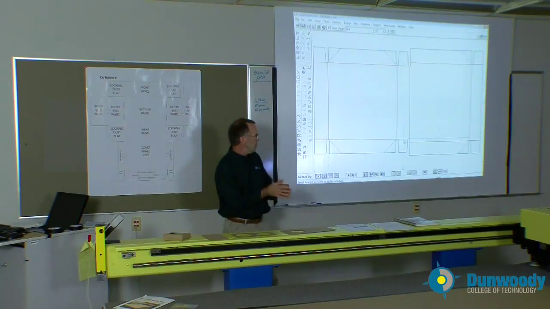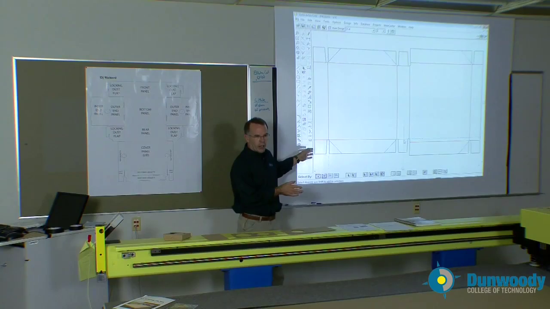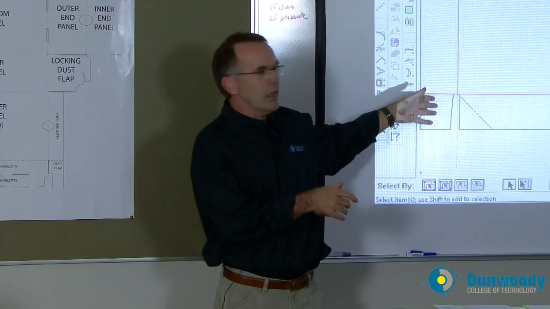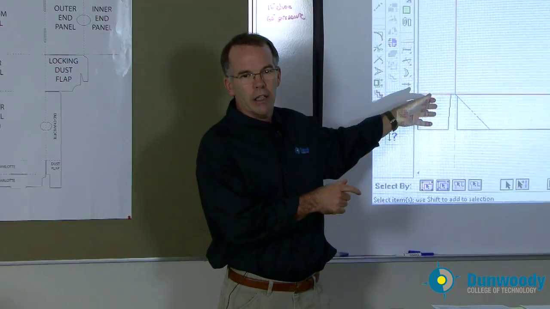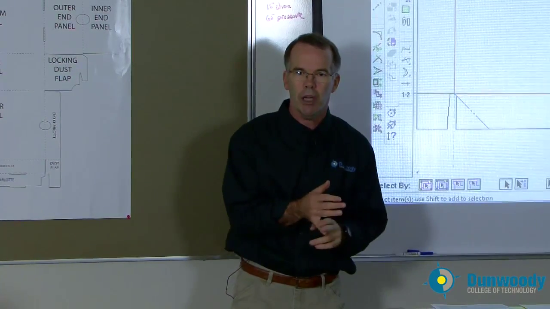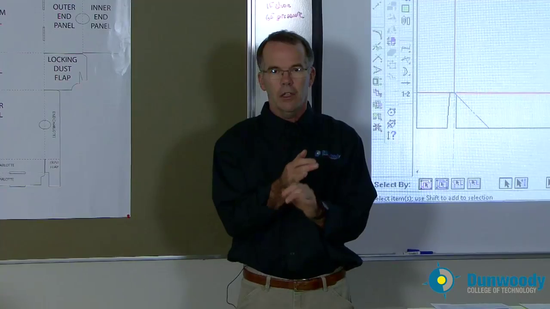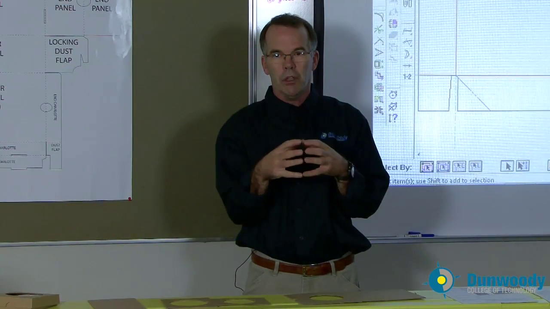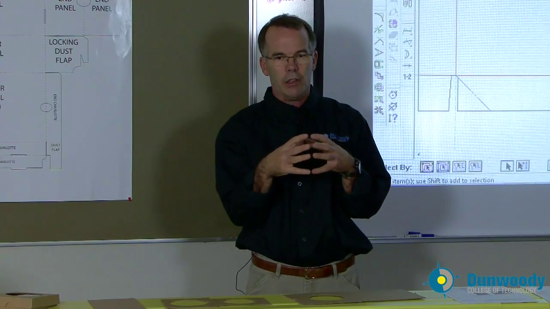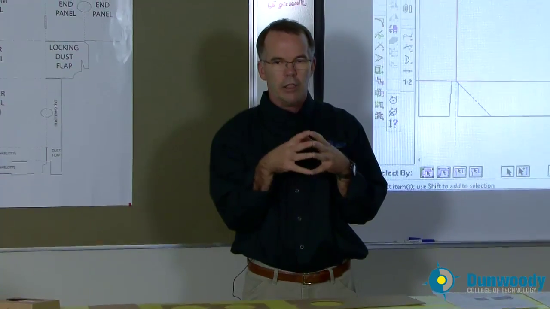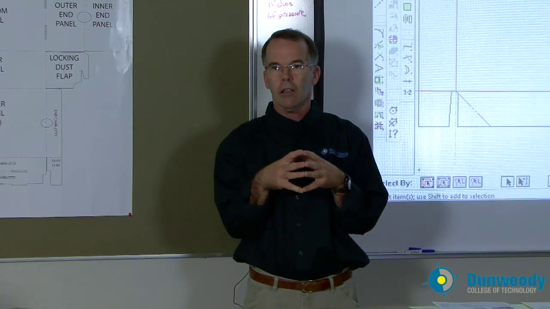When Nate has finished his design, Artios will save this file in its own native format. Artios' native format is .ard. It's like a TIFF file or a JPEG or a GIF, any of the other file formats that we're familiar with. Artios' native file is .ard. Our table doesn't understand ARD.